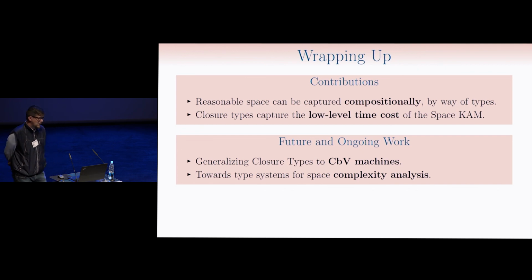And more interestingly, we are also looking at type systems in which this idea of measuring the size of closures becomes a way to do complete complexity analysis. Now, of course, you can't say that multi-types are a way to do formal verification of programs, because type inference is by design an undecidable problem. Thank you very much.